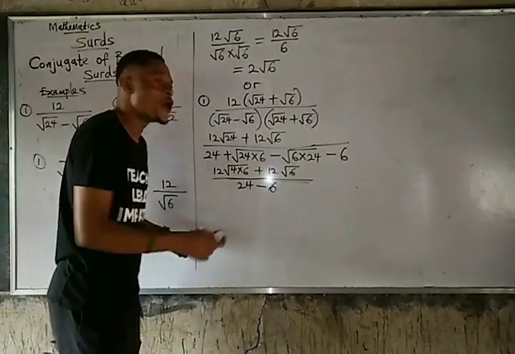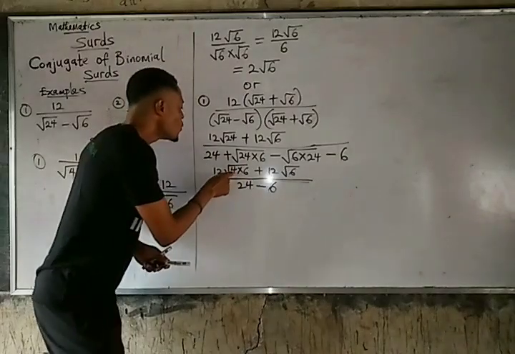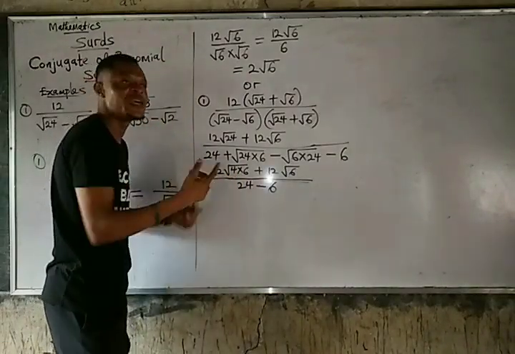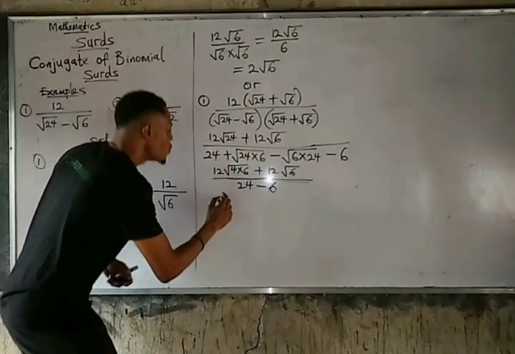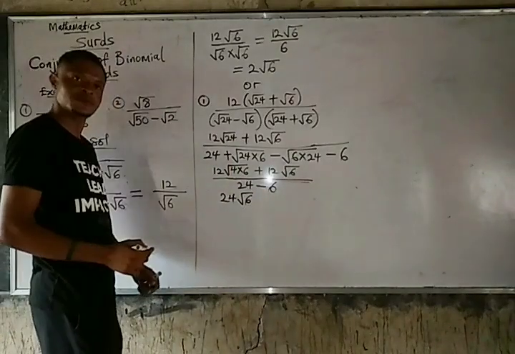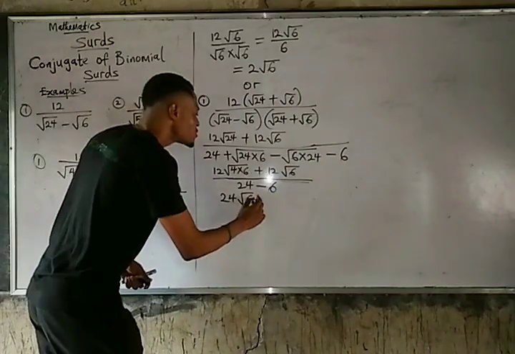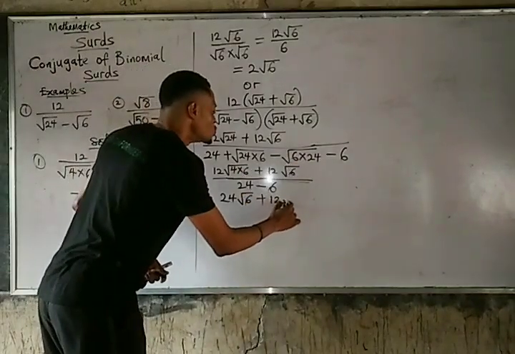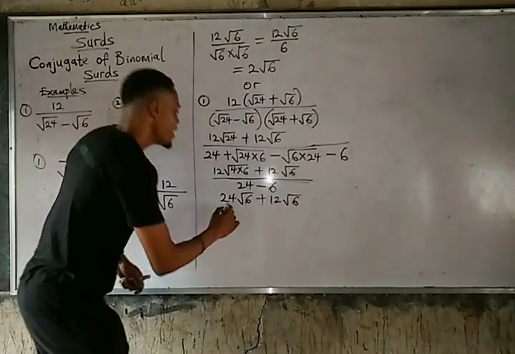Now the root of 4 is 2. When we get the root of 4 to be 2, that will multiply with this 12. It gives us 24. So we have 24 root 6. Now plus 12 root 6.